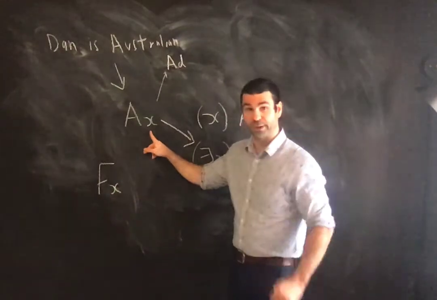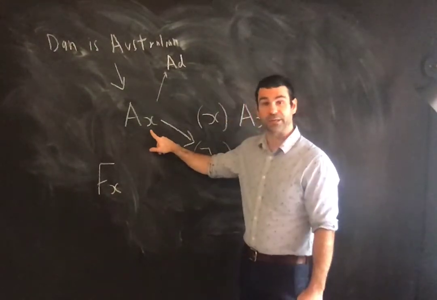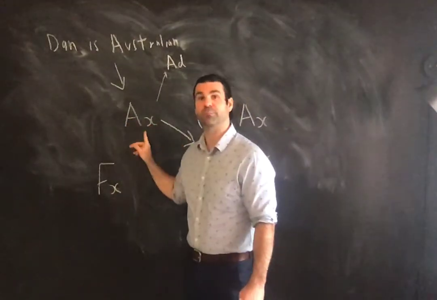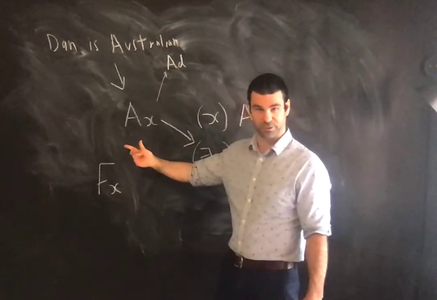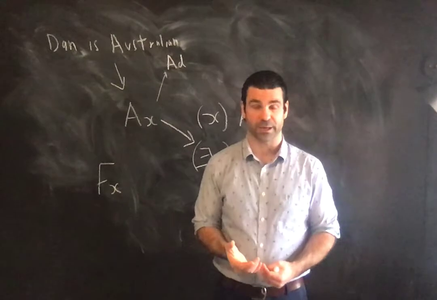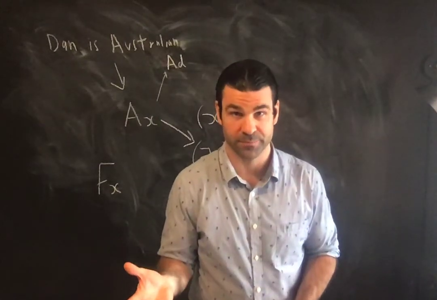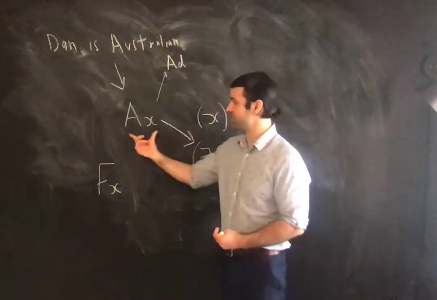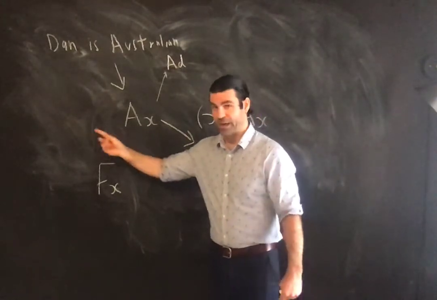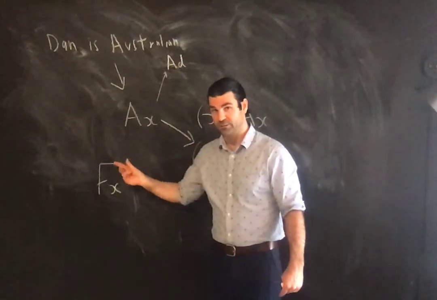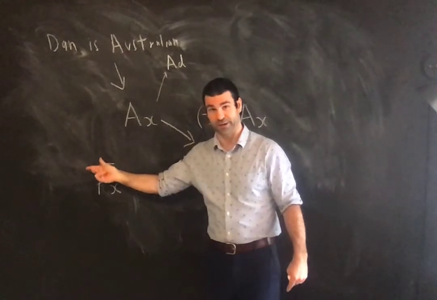But there's this other cool way, and it is prefixing a quantifier to the propositional function to yield a quantifier statement. This is a simple propositional function as opposed to a complex propositional function like AX hook SX: if X is an Australian, then X is a surfer.